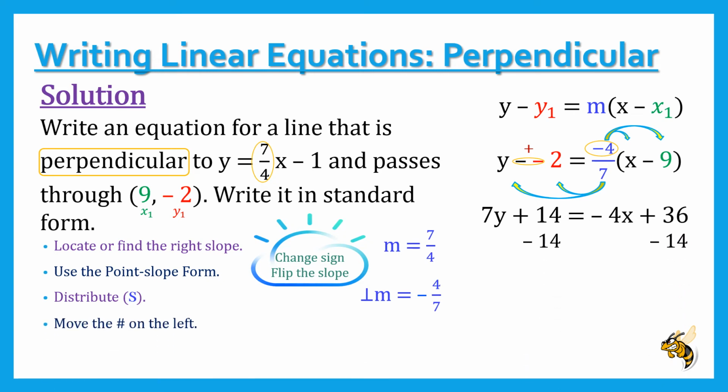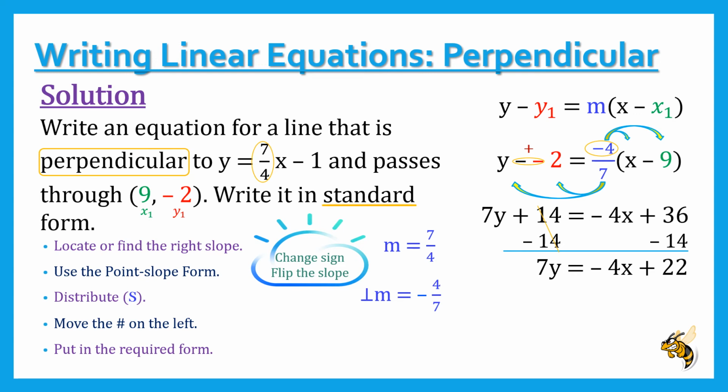We always move the number on the left regardless because in all of the forms, slope-intercept form or standard form, the number is always on the right. Opposite of positive 14 is negative 14, so I'm going to subtract 14 from both sides. So therefore, 7y equals negative 4x plus 22.